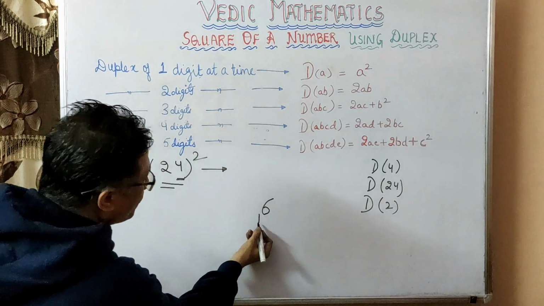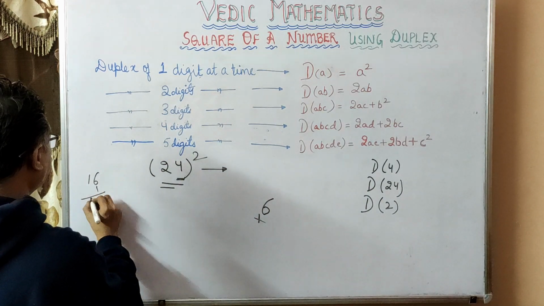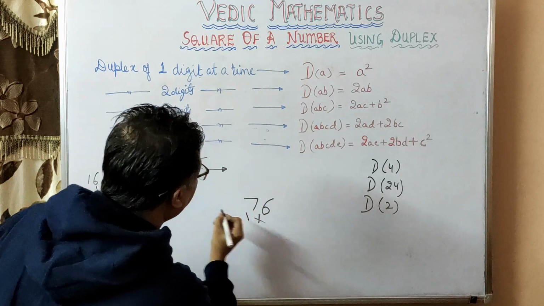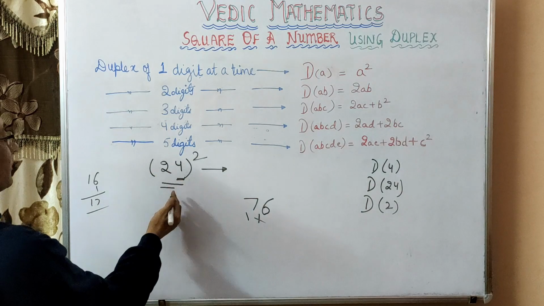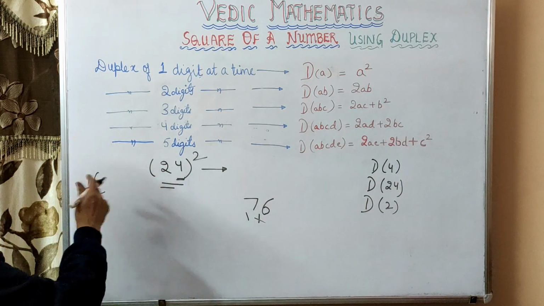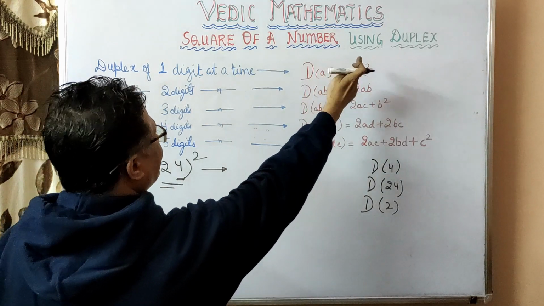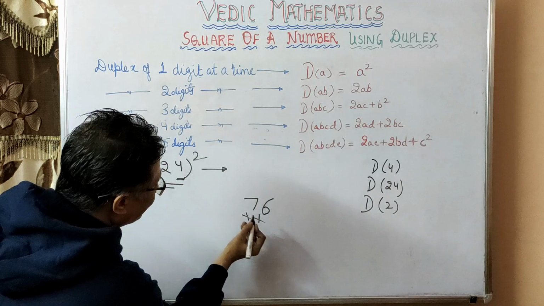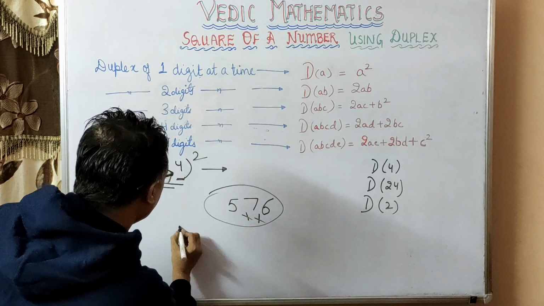And to 16 you add this 1: 16 plus 1 is 17. You write 7 here, and 1 for the carrying forward. Now you have to take only the duplex of 2. When you have a single digit, it is a square, means 2 square. 2 square is 4, but you add 1, so 5. So this is our answer.